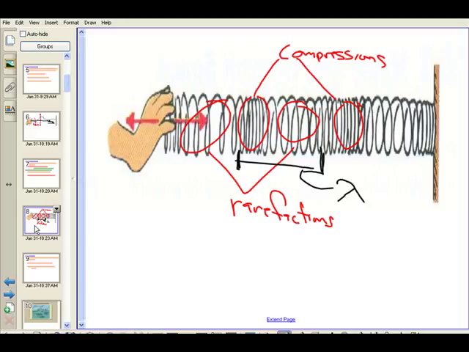Just like with the others, a compression and a rarefaction make a wavelength. So it's how many compressions go by, how many rarefactions go by, etc. Any questions about this?